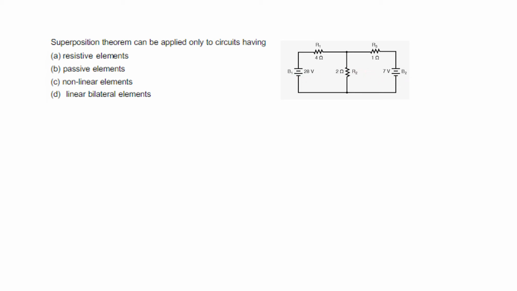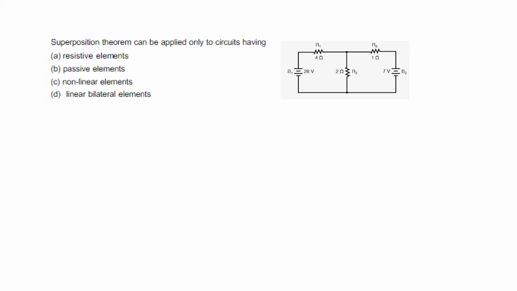In superposition, we take out one of the sources and work with just one source, then we take out the other source and work with the other, and then to find the result we combine the currents of both. So this is the superposition theorem. It says superposition theorem can be applied only to circuits having resistive elements. Yes, this is true, but we have to see other options as well, which is more pertinent.